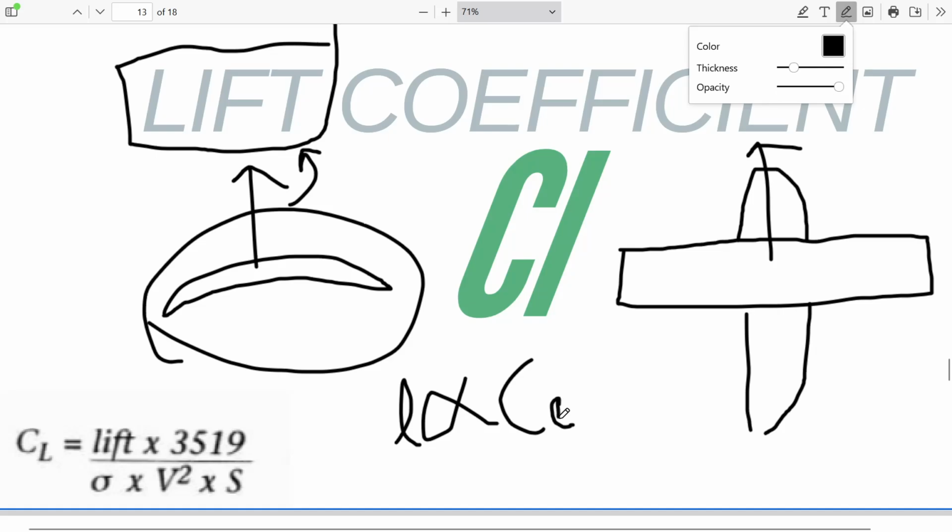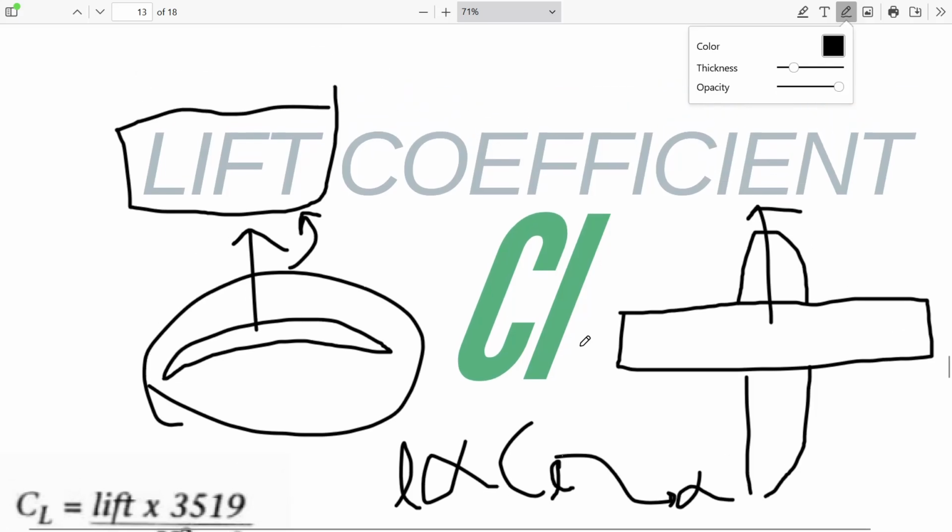Even CL changes itself at different velocity and different angle of attack. Later on you will analyze that CL is quite dependent on alpha, the angle of attack. But in a way, we can say lift is directly proportional to CL. The more CL it can generate, the more lift we will get. That's how we use lift coefficient.